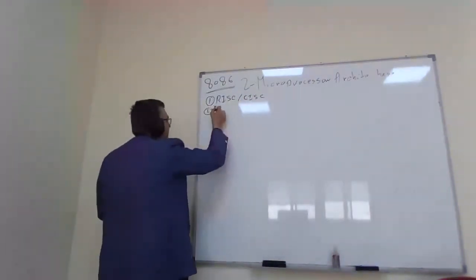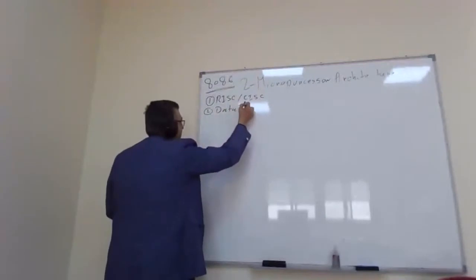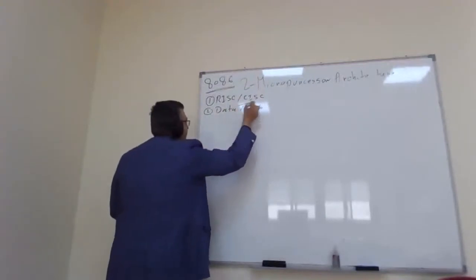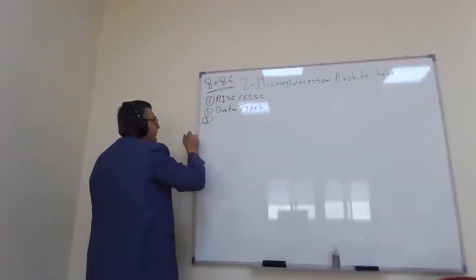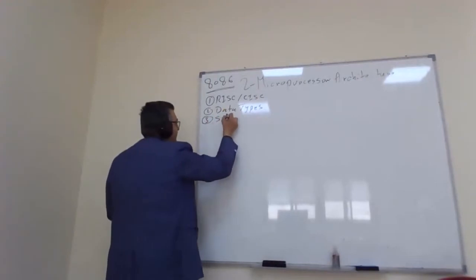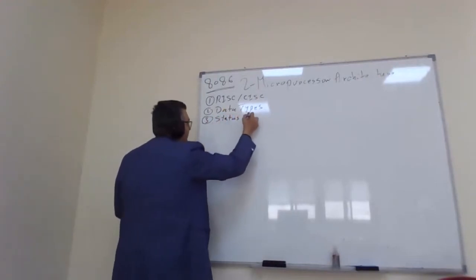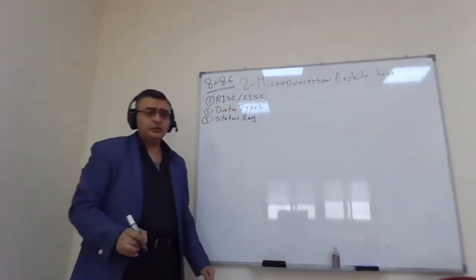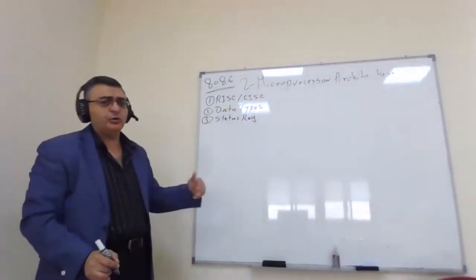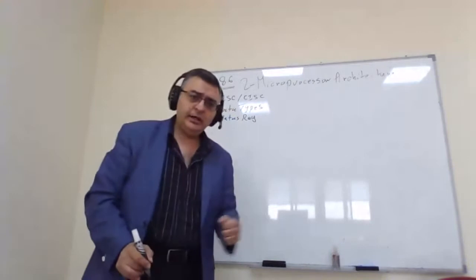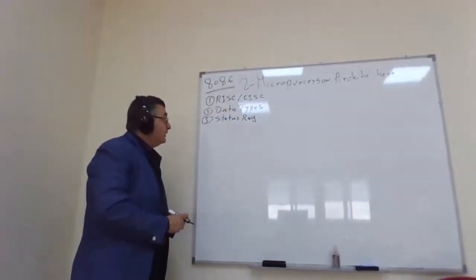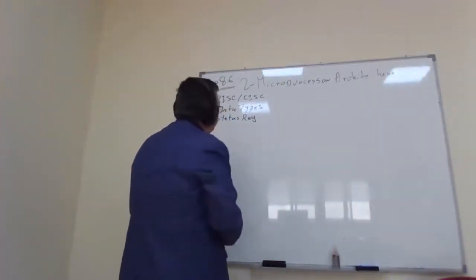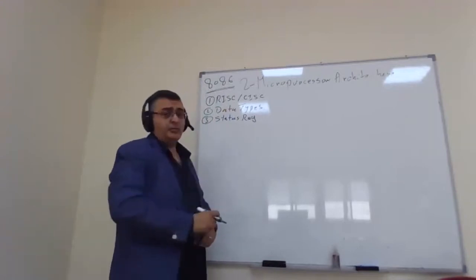Second thing is the data types. Third thing is the status register, which is the last register that we want to learn before we go to the programming in chapter 3. First item today is the RISC.